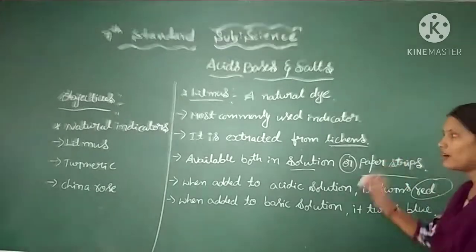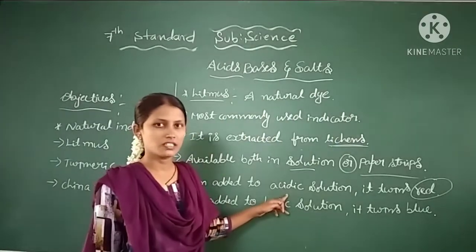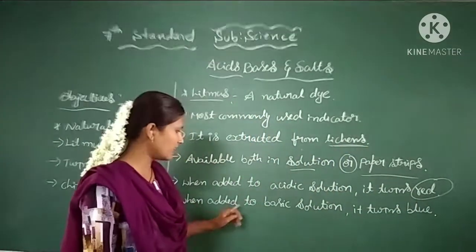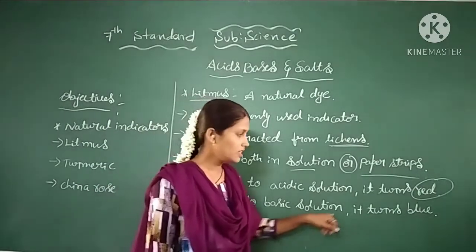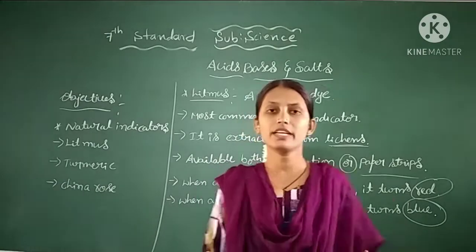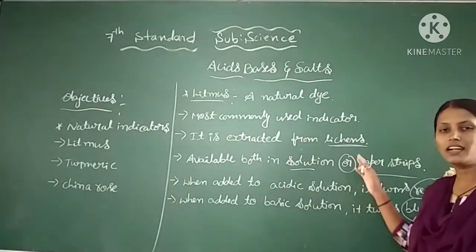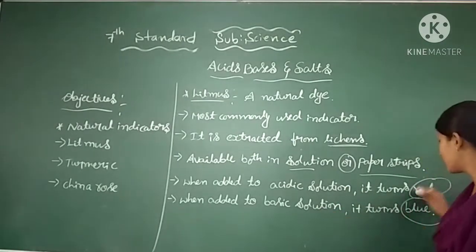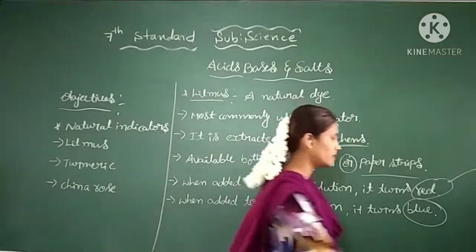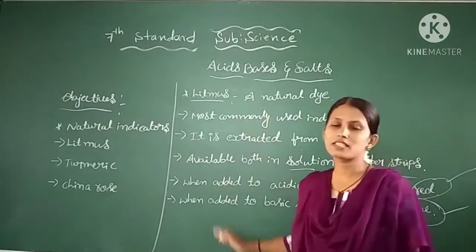When added to a basic solution, it turns blue. So we can use litmus as a solution or as paper strips. Acidic solution turns it red, basic solution turns it blue. This is all about litmus.